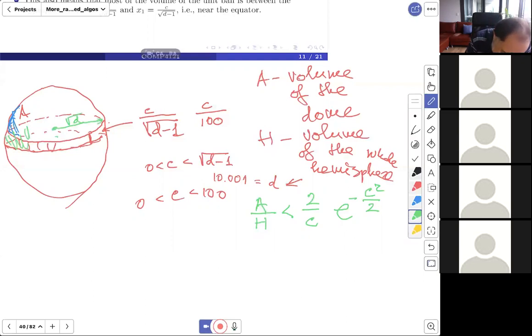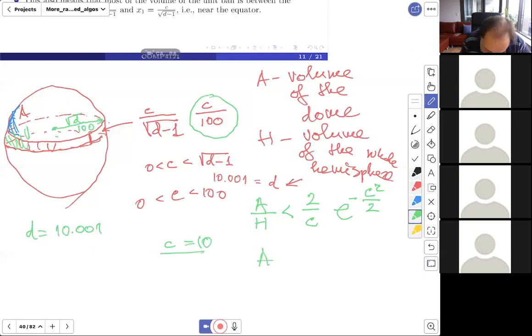Which in our case, because we took D to be 10,001, is 100. So say C is something small. If the radius is 100, say C is equal to 10.